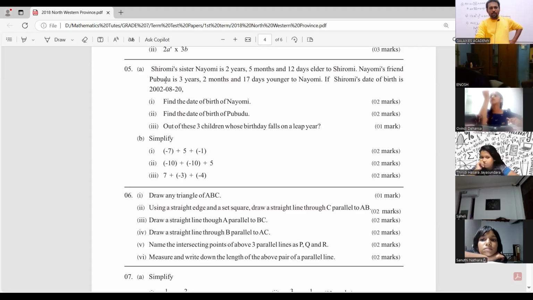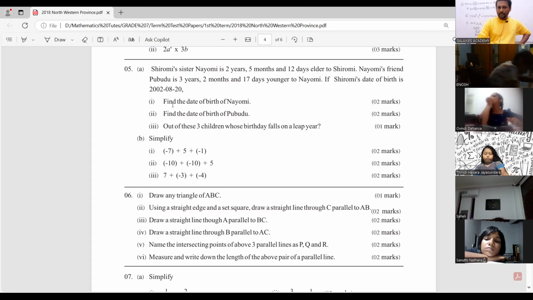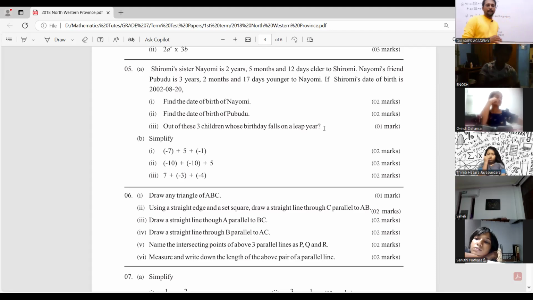Naomi's friend Pubudu is 3 years, 2 months and 17 days younger to Naomi. If Shiromi's date of birth is 2002, the month is 8, the date is 20th, find the date of birth of Naomi, find the date of birth of Pubudu. Out of these 3 children, whose birthday falls on a leap year. Right, let's go to check the answer.